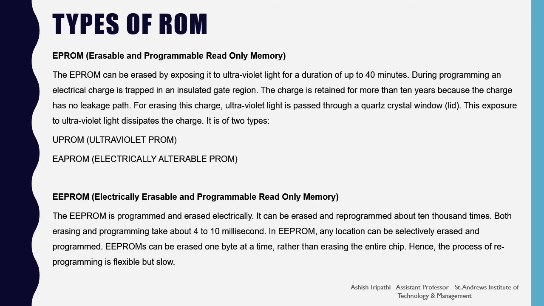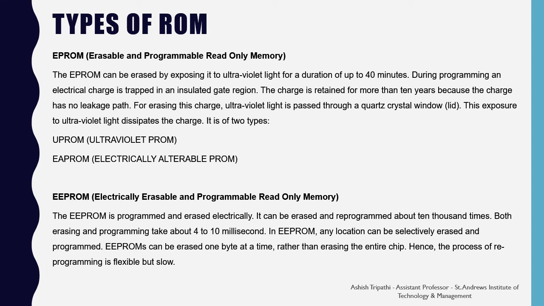The charge is retained for more than 10 years because the charge has no leakage path. For erasing this charge, ultraviolet light is passed through the quartz crystal window, that is the lid, and this exposure to UV light dissipates the charge. It is of two types: UVPROM, that is ultraviolet PROM, and EAPROM, that is electrically alterable PROM.